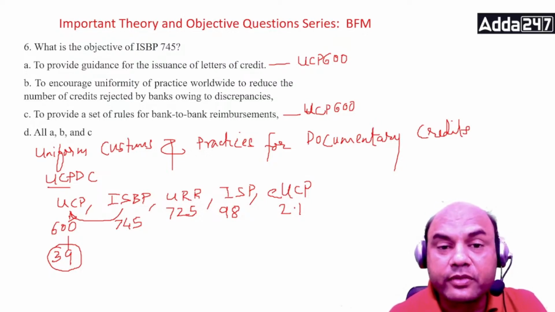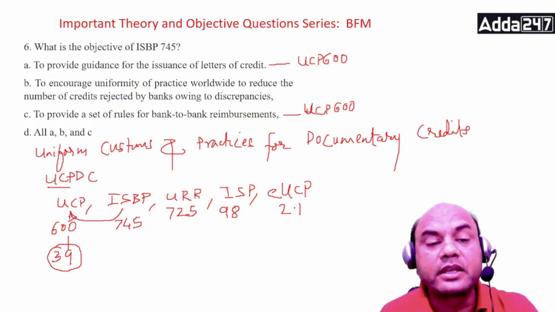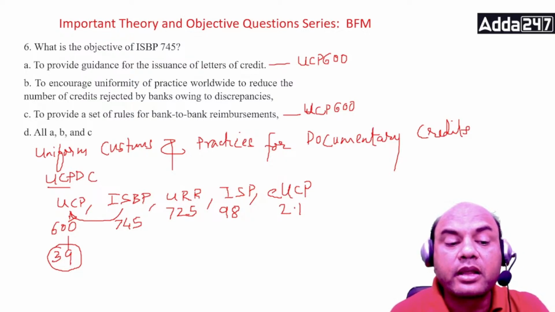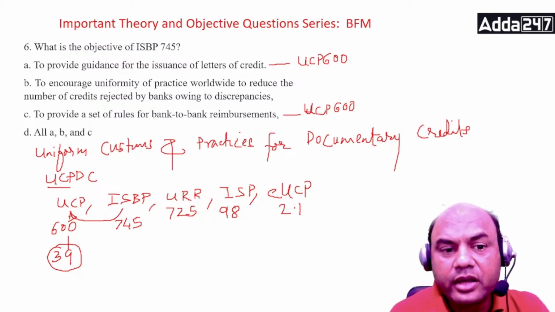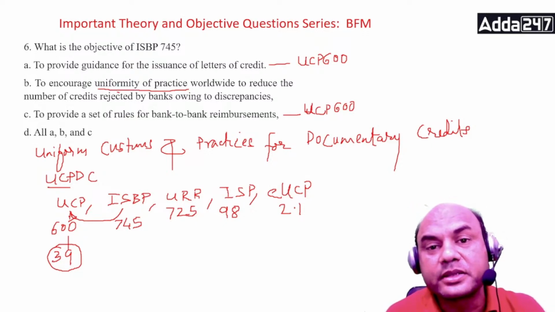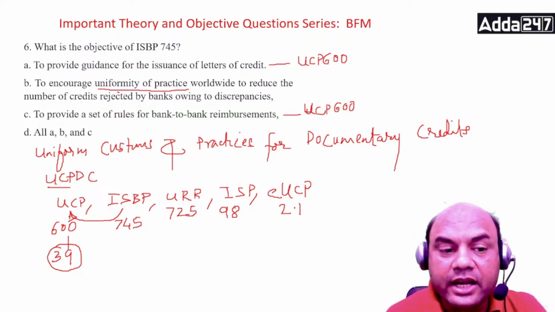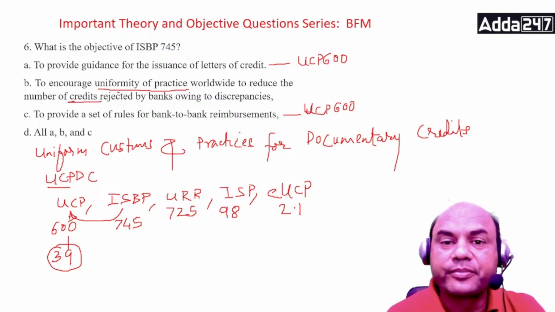So what is the purpose of ISBP then? The purpose of ISBP is basically to encourage uniformity, so that each banker doesn't interpret it in his own language. Otherwise, I might think something about the UCP rules and somebody else might think something different. In that case, the LCs will get rejected more by the banks.